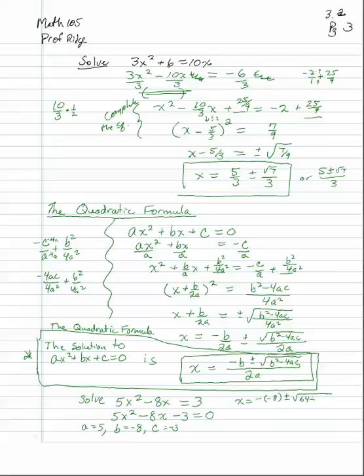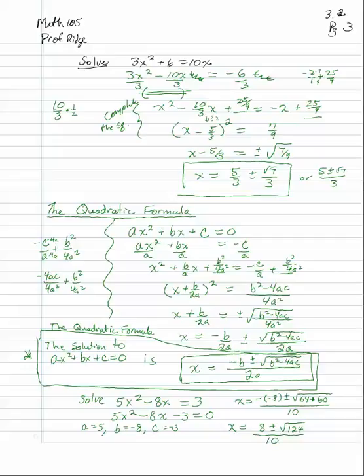Negative and negative make positive 60. All over 2a. 2a is 2 times 5, so that's 10. And then we just have to simplify that. So that's going to be 8 plus or minus square root of 124 all over 10.